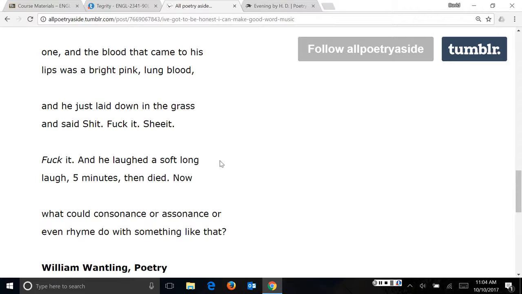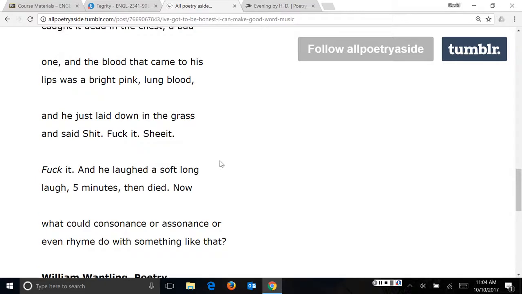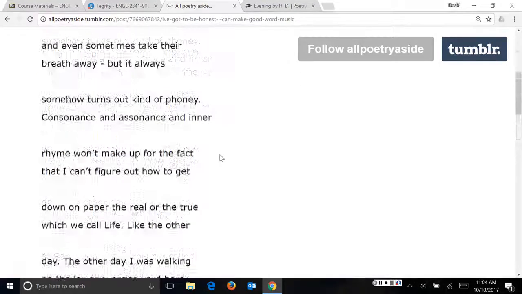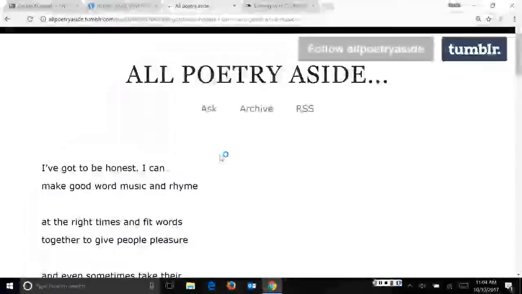And so that again is a bigger commentary, I think, on the use of imagery, not just in poetry, but in the actual canon or the tradition of what poetry ought to be like.